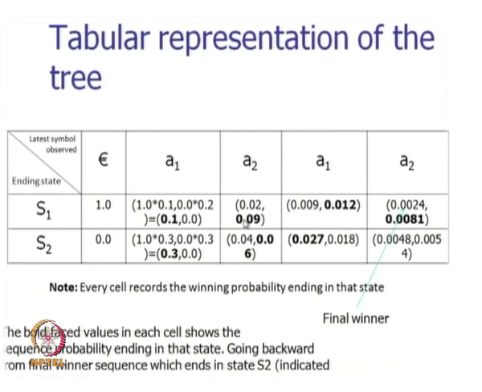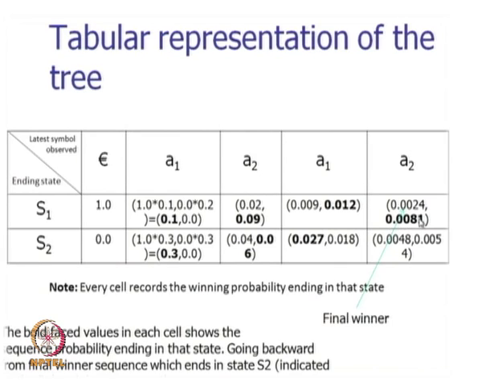This is the winner probability of the sequences ending in S1. Similarly, the winner probability here is 0.06 of the sequences ending in S2. In the next symbol A1, the tuple is 0.009 and 0.012. Here this is the winner probability.